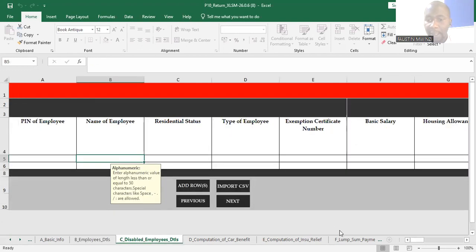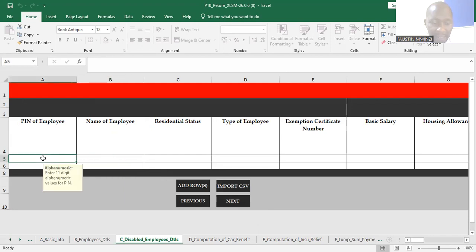Disabled employees. These are persons with disabilities. Now, with persons with disabilities, there's special tax treatment. We are going to enter the PIN of this employee, A0012345669V.